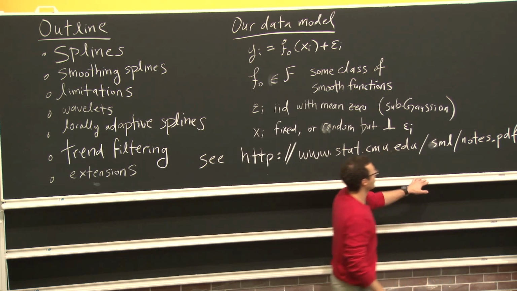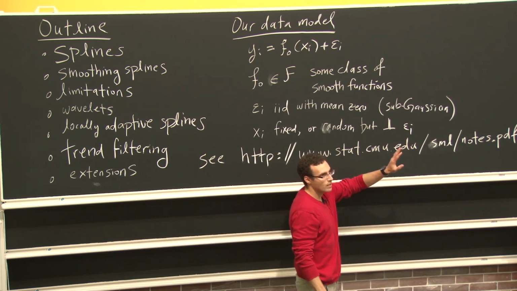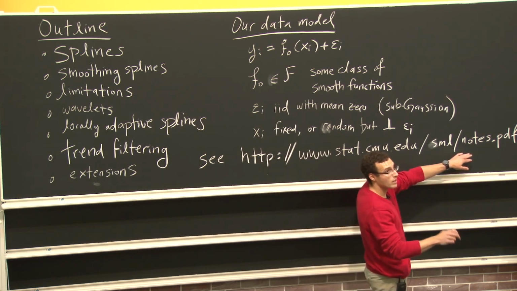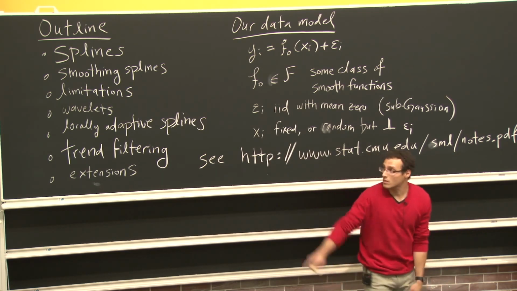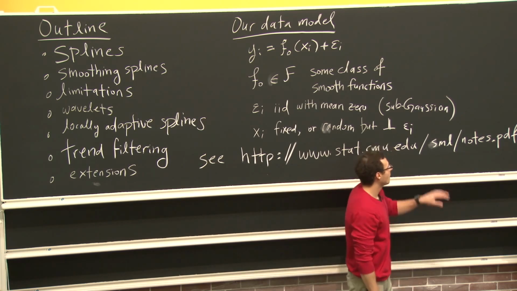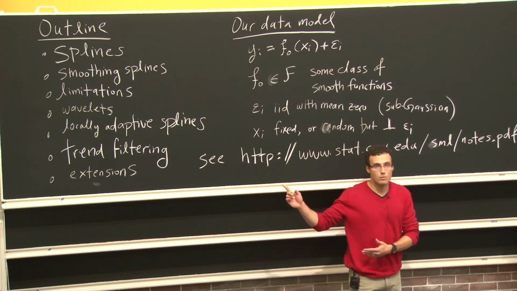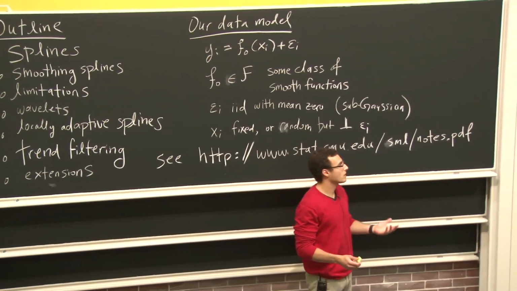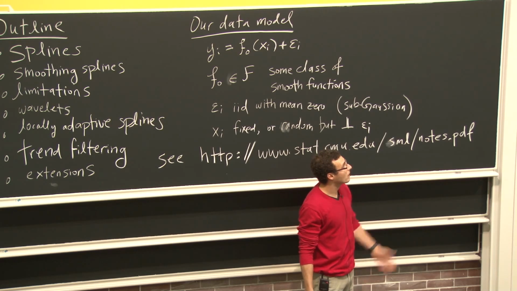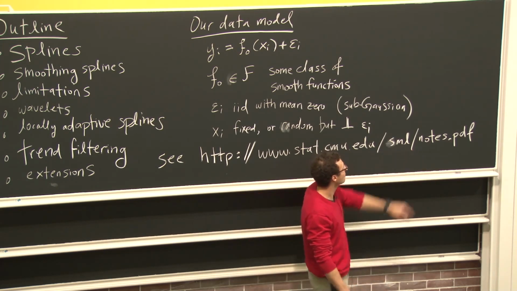OK, so let me just say one thing about this. These were notes from the sequence of lectures on non-parametric regression that I gave for this course last year. So it contains a lot more than just this, but you can certainly look through it and find these topics. So in other words, I don't think Larry's going to expect you to know everything that's in his notes. I think just the relevant parts on splines are in these notes.